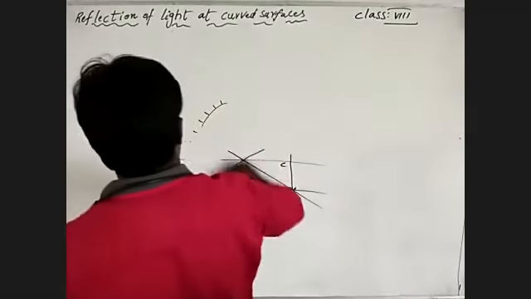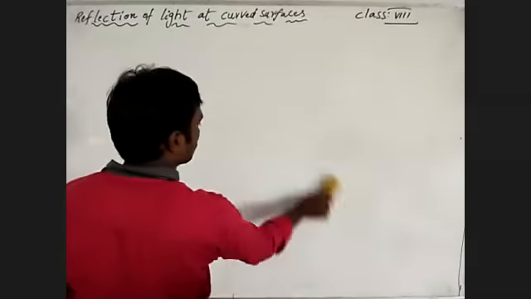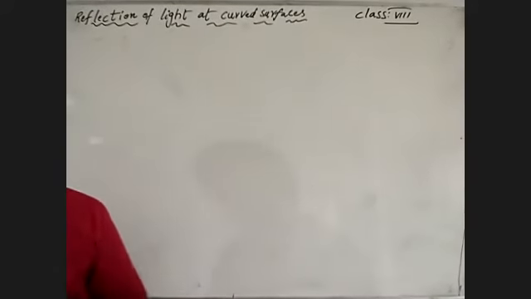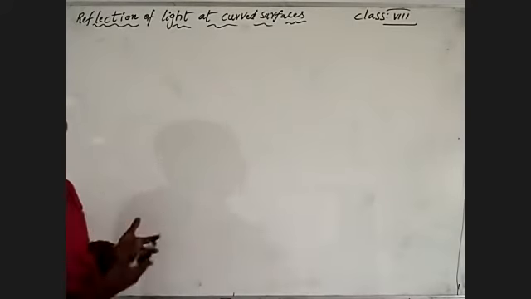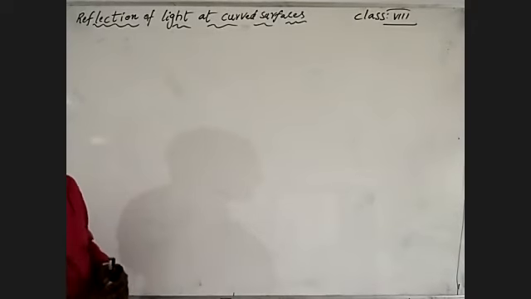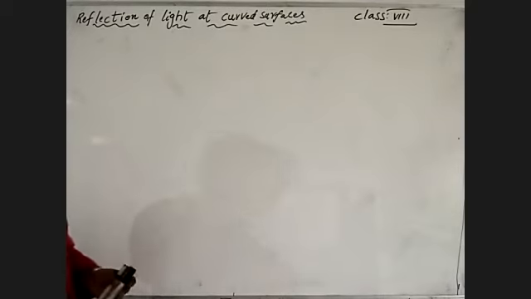Up to now, you learned what types of images are formed, real and inverted. As the position of the object changes, the position of the image also changes, and different types of images are formed.